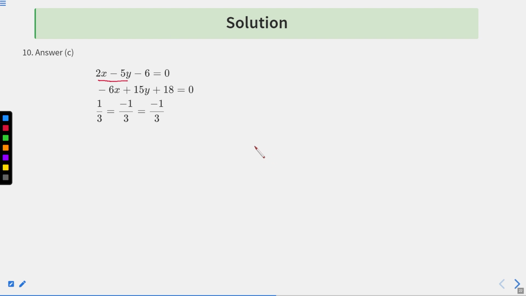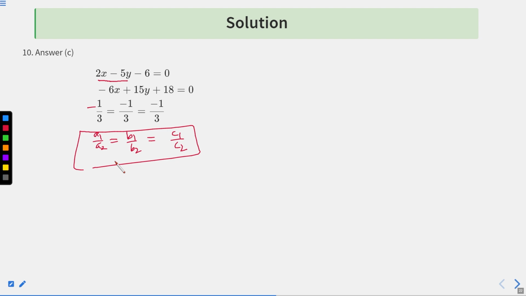Okay, so this is also minus 1 by 3. So here you can observe that the ratios a1 by a2 is equal to b1 by b2, and this is equal to c1 by c2. So the pair of linear equations will have infinitely many solutions.